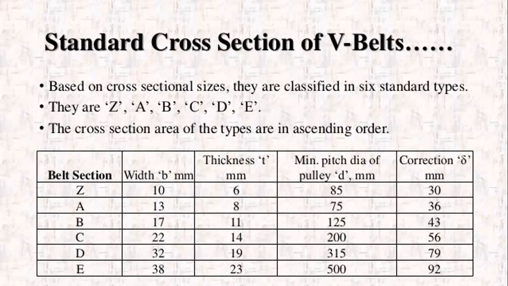Based on the different cross sectional sizes, these V belt sectional sizes are classified into six types, based on purpose and involvement. They are Z, A, B, C, D, and E, the different cross sectional sizes.